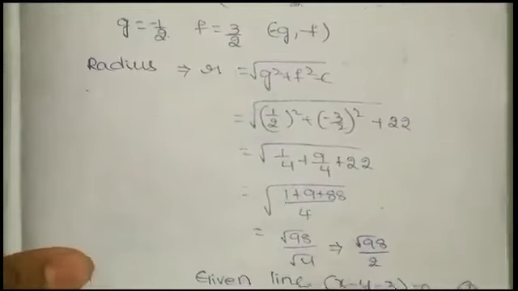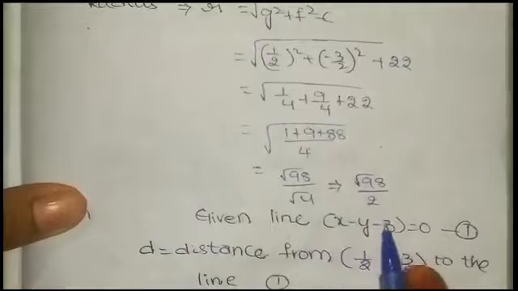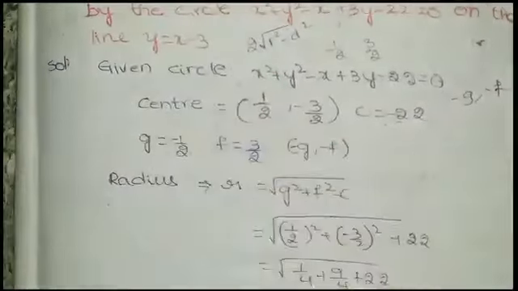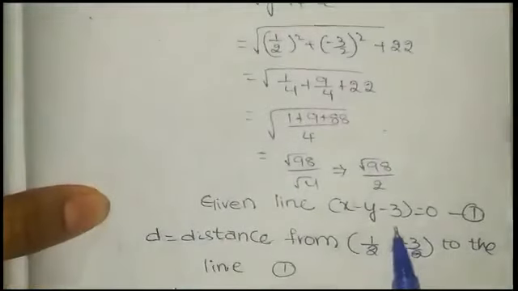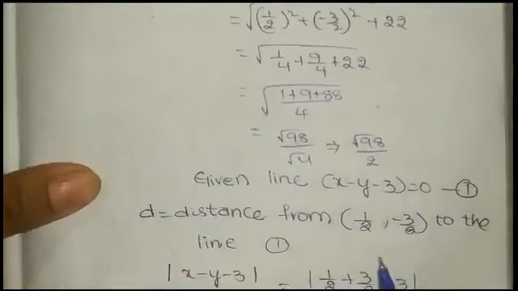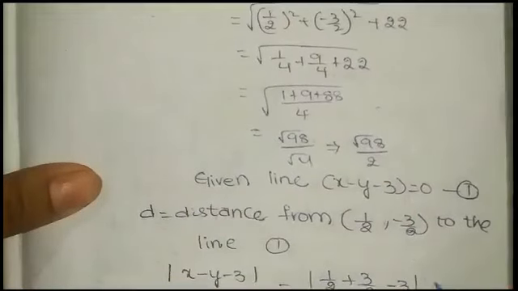And the given line is x minus y equals 3. Sending 3 to this side, we will get the equation x minus y minus 3 equal to 0. The perpendicular distance we have to find, because to use the formula we need r and d values.